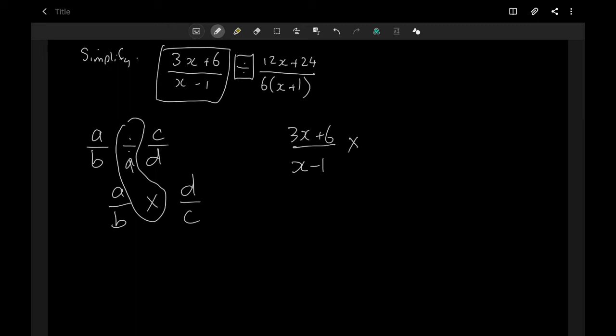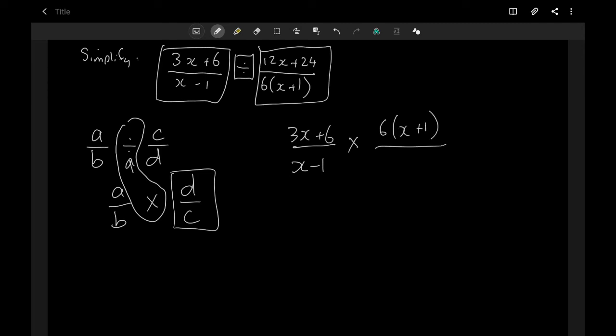Now we know from our rules that we need to invert the second expression. That is, we need to flip this expression. So 6 bracket x plus 1 will be on the top, and 12x plus 24 will be on the bottom. So now we can start to answer the question. We know that this question will involve factorizing. So let's go through each fraction at a time and see what we can factorize.